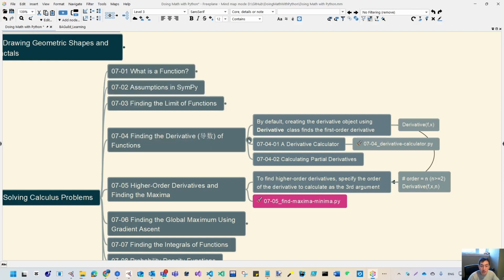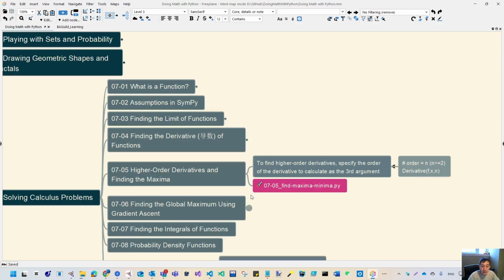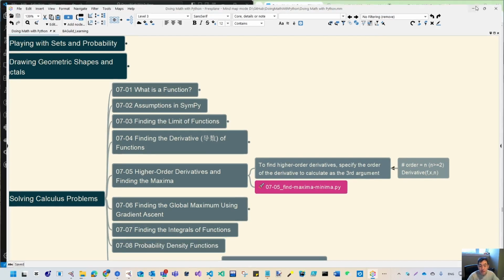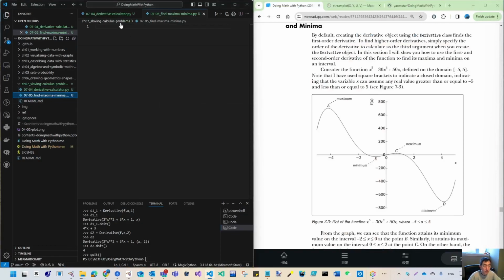So that is our code, and another indicator is that this program is related to 7.5. So the purpose is using higher order derivatives to find maxima and minima.